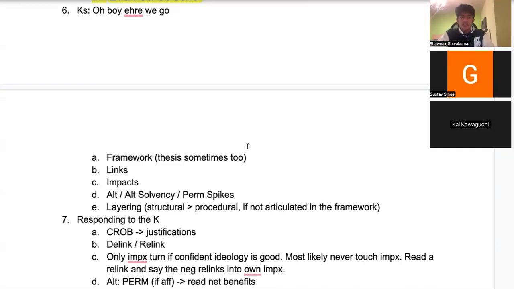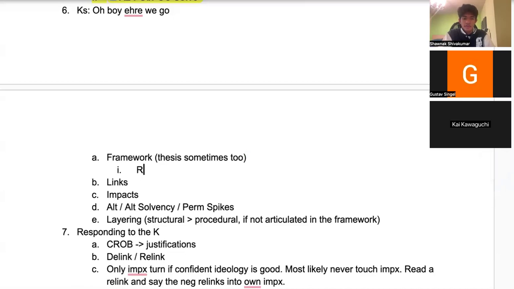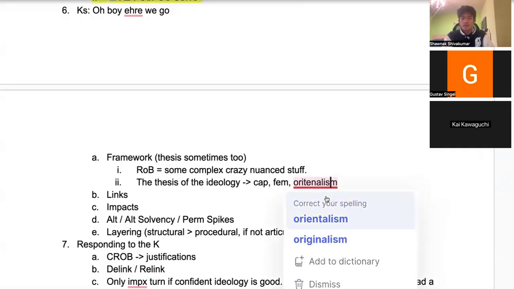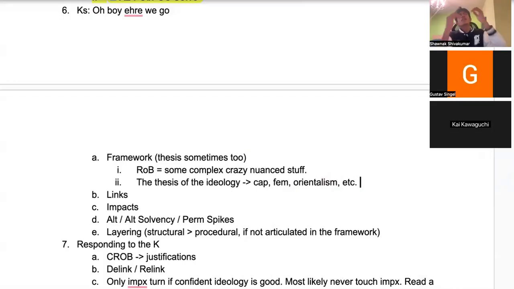The framework consists of the roll of the ballot, which is usually some complex, crazy, nuanced stuff, which you beat by reading a counter roll of the ballot. Then the thesis of the ideology, so either it's cap, fem, Orientalism, right?